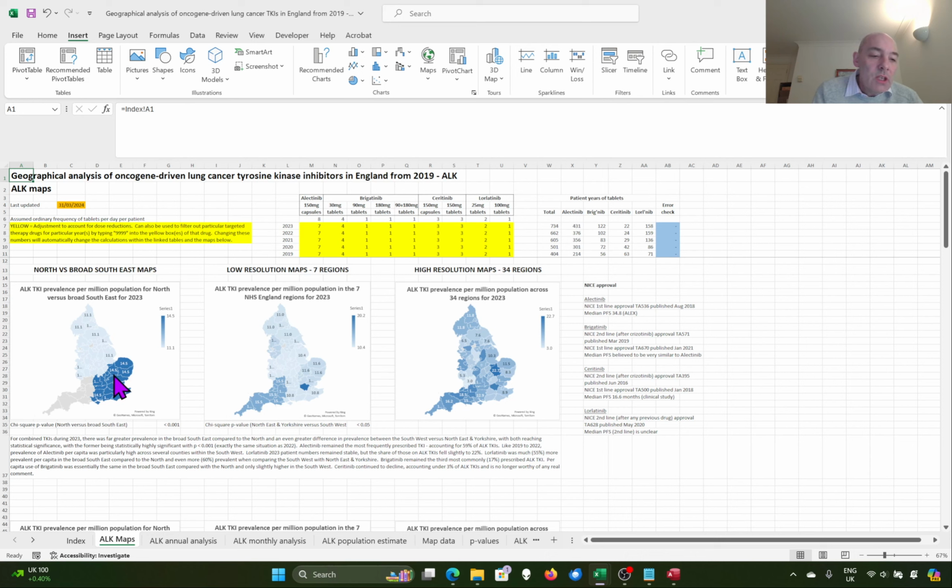The broad southeast, I've chosen it particularly to look at, partly because they have similar populations, but also if pollution is an issue, there's more of it in this southeast area than there is in the north, and you can look at pollution maps that show that.